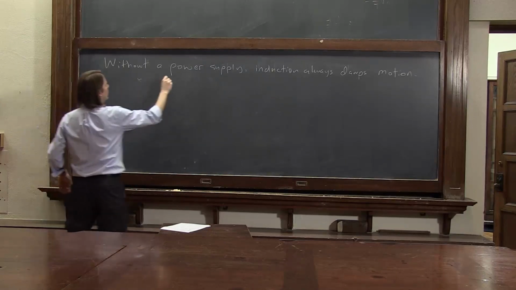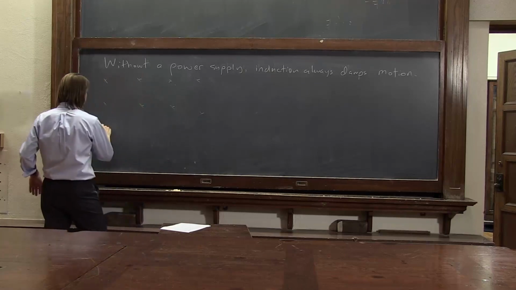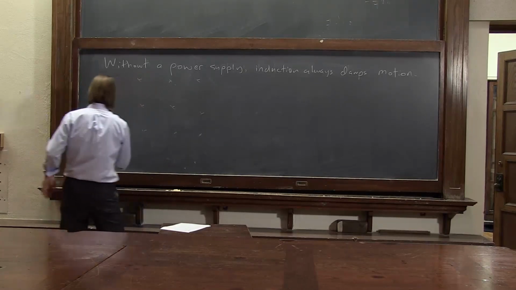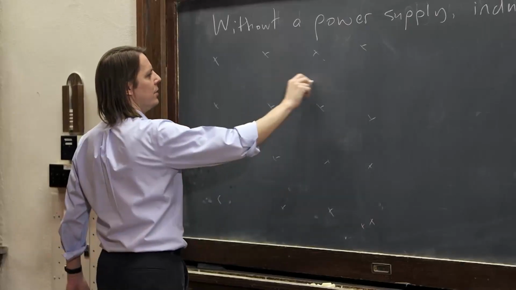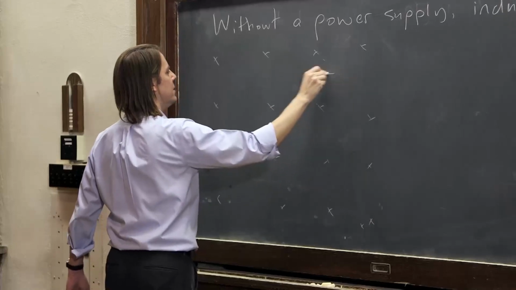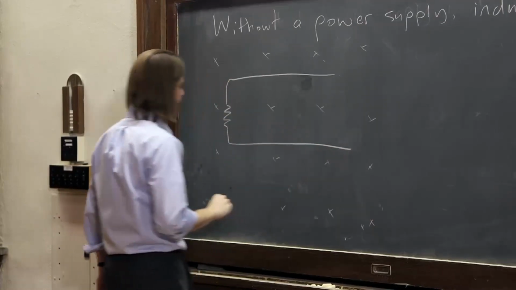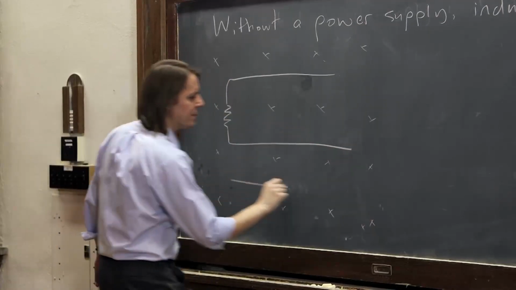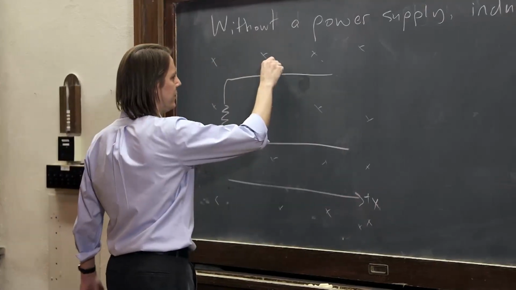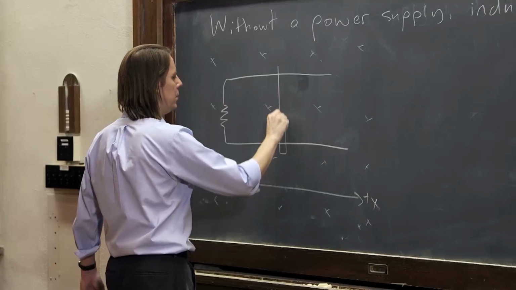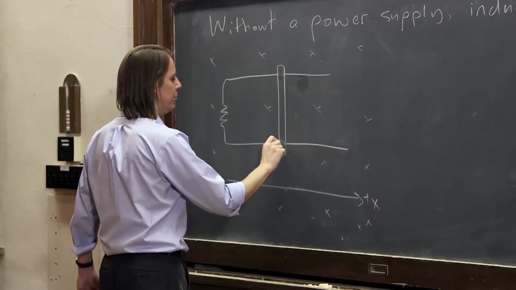I won't draw it quite as nice, but we have a uniform B field into the board, and we'll just draw it as wires this time, like this, and acknowledge that it has some resistance like that. And we'll imagine that this is the x-axis, and the slider can sit right there, like that, just like before.